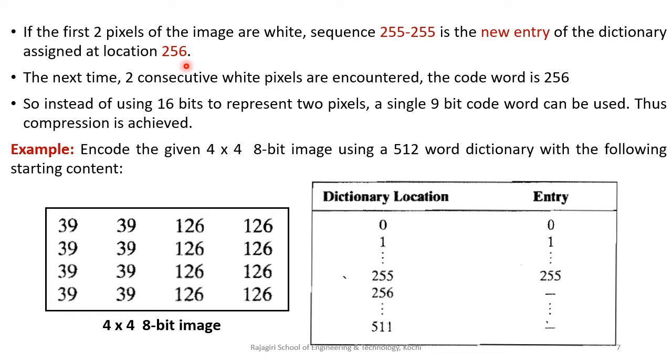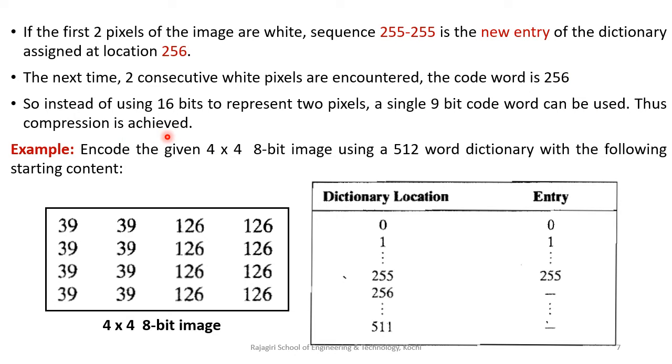So this entry is assigned as a new entry at location 256. The next time two consecutive white pixels are encountered, you can simply transmit the code word corresponding to 256. The advantage is that instead of using 16 bits to represent 2 pixels, a single 9-bit code word corresponding to 256 can be used. Thus, compression can be achieved.